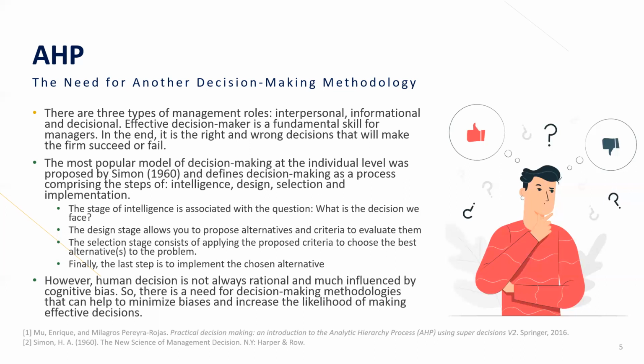AHP tried to come up with mechanisms to cope with the cognitive bias, with those 4 steps of an objective decision making process.